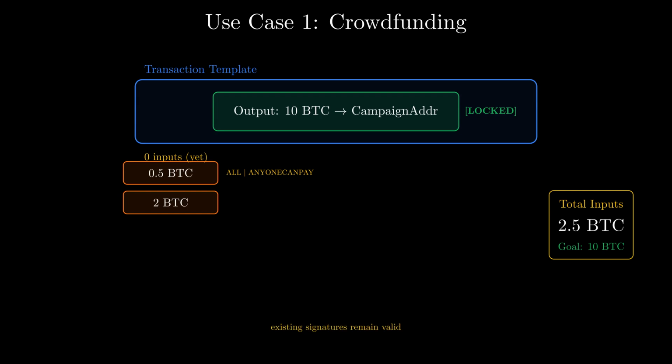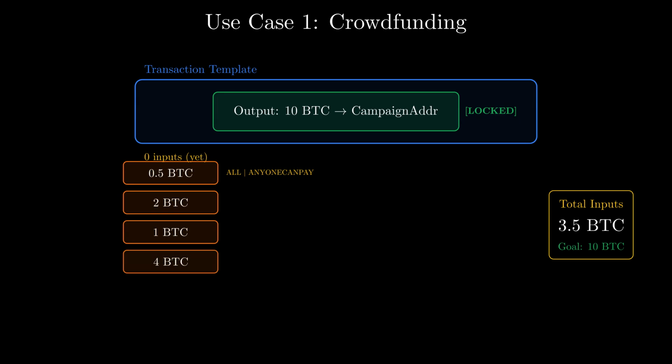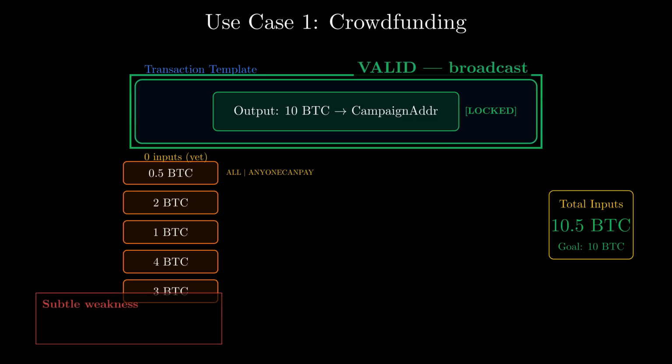New donors can keep appending inputs without invalidating existing signatures. Once the input total covers the goal, the transaction is broadcast. One subtle weakness: the organizer could pad with their own throwaway input to inflate apparent funding, but the destination is locked, so funds can't be redirected.